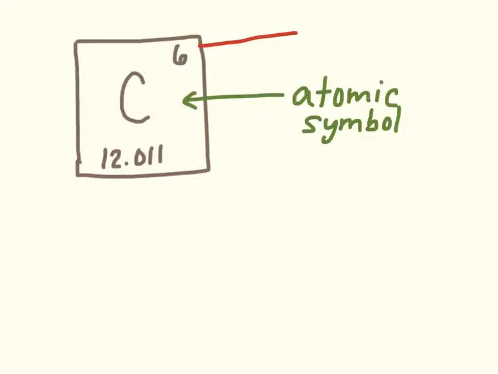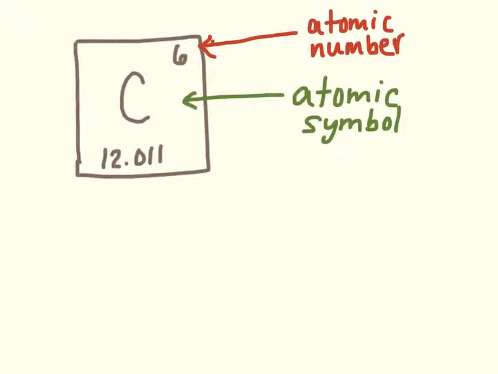On this block, up in this corner, this number is the atomic number. That is of utmost importance. That tells you also what element you're dealing with. Each element has its own specific atomic number. If that changes, the element changes.